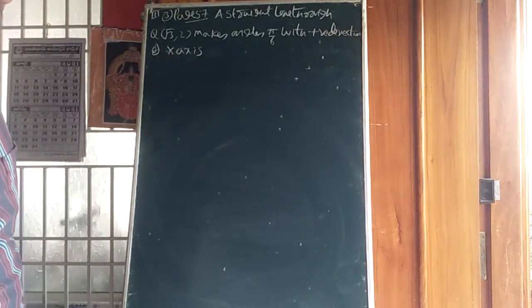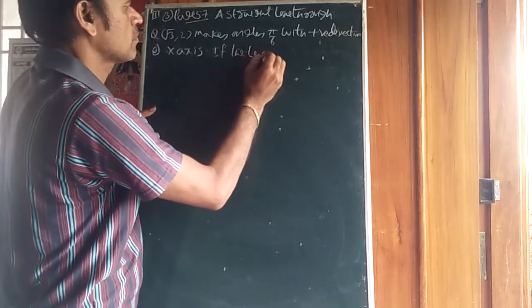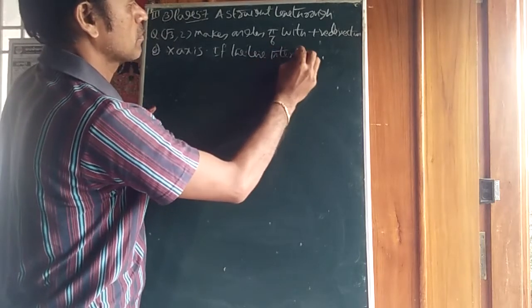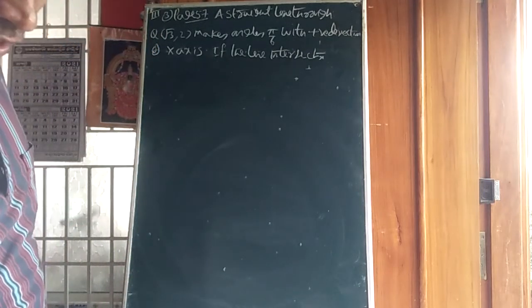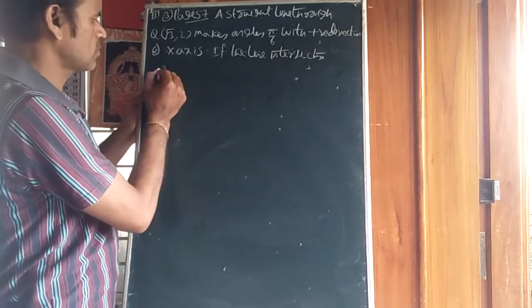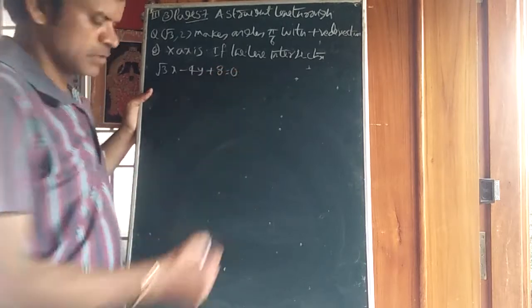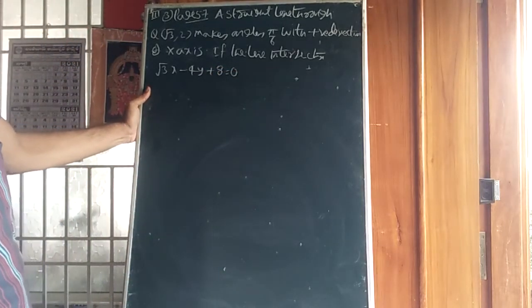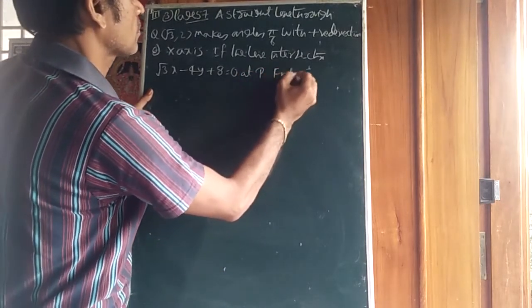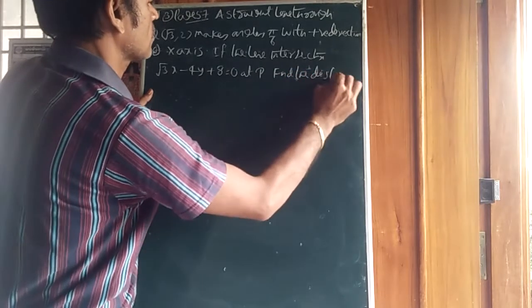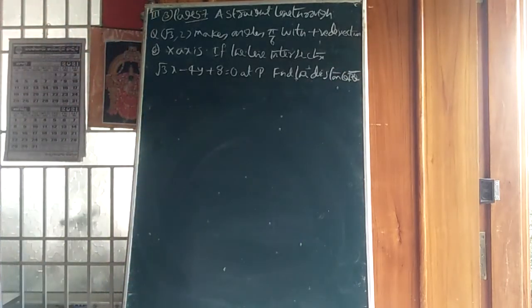If the line intersects another line root 3x minus 4y plus 8 equal to 0 at P, find the distance PQ. PQ means the distance between P and Q.